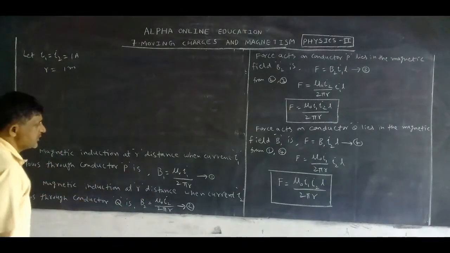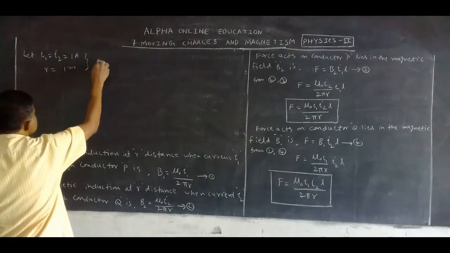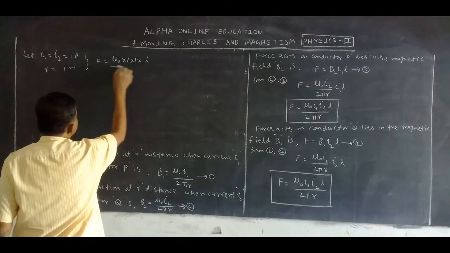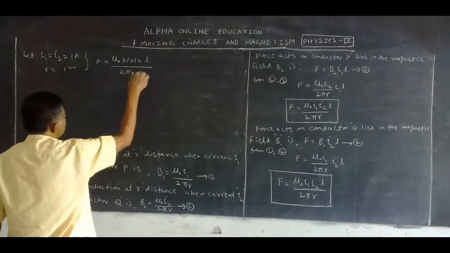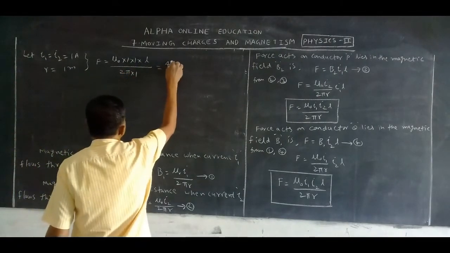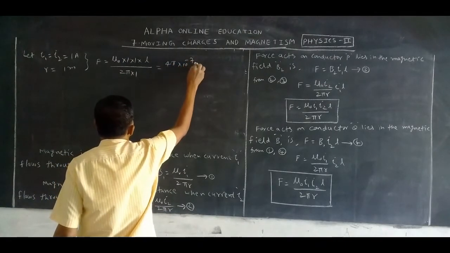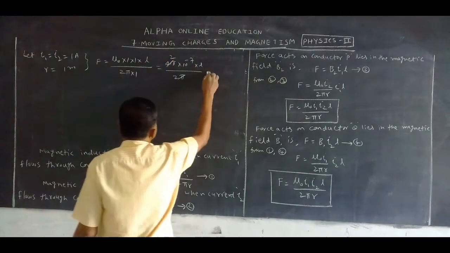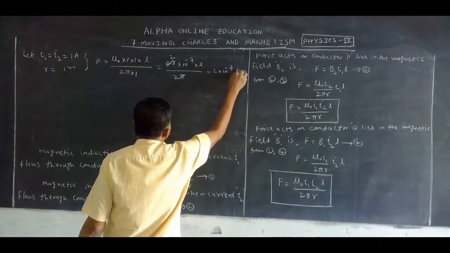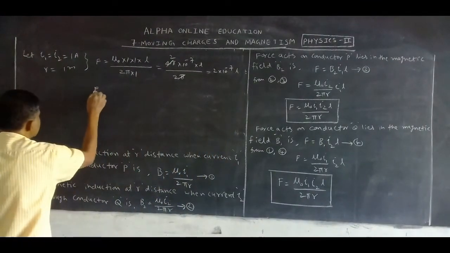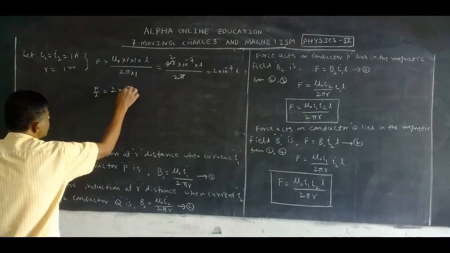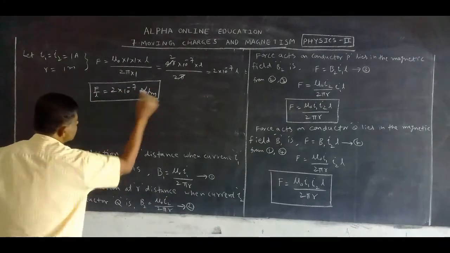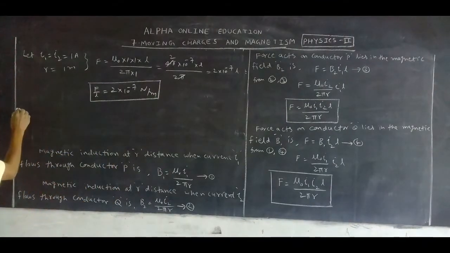If we substitute, F is equal to mu 0 times 1 times L by 2 pi times 1. We know the value of mu 0 is 4 pi into 10 power minus 7, times L by 2 pi. Cancelling, we get 2 into 10 power minus 7 L. So F by L is equal to 2 into 10 power minus 7 Newton per meter. From this we can define the ampere.